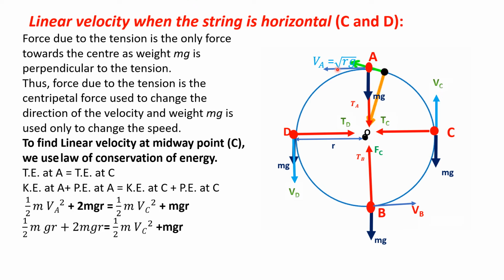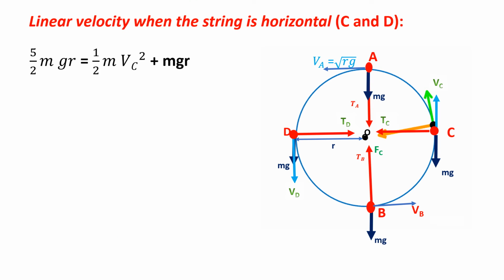If we square this, we can write Va squared as rg. Now, adding half mgr and 2mgr, we get 5 by 2 mgr, which equals half m Vc squared plus mgr.